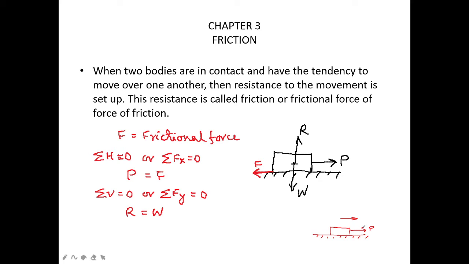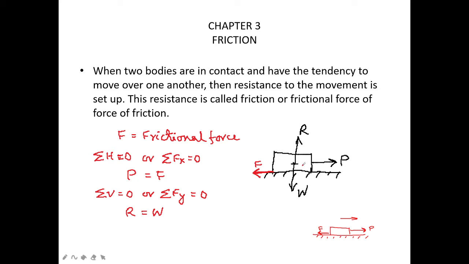But there is a force which resists this movement and will act in a direction in which the body tends to move. And this resisting force, this opposite force, is known as friction and is denoted by F, which is shown in this figure.